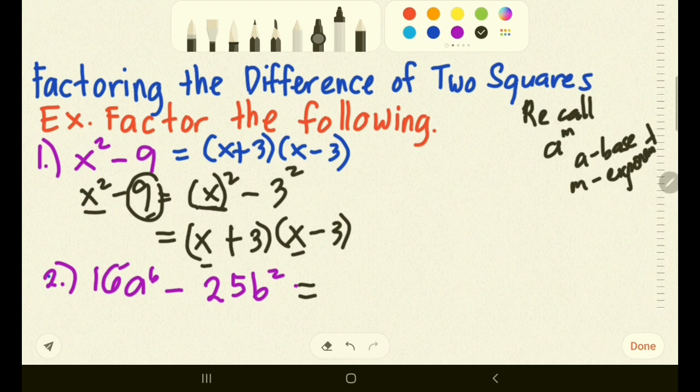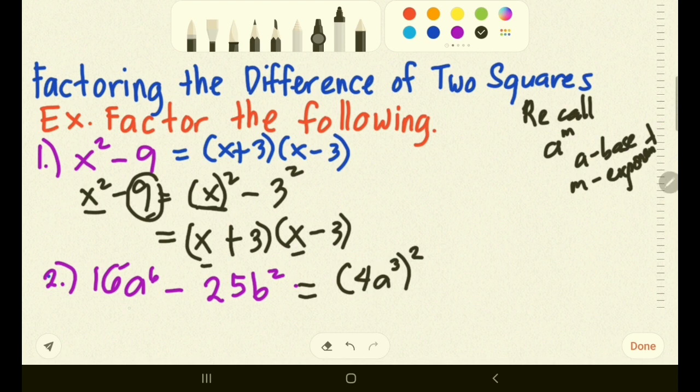So, 16a to the power of 6: getting the square root of 16a to the power of 6, that is 4a cubed, quantity squared.